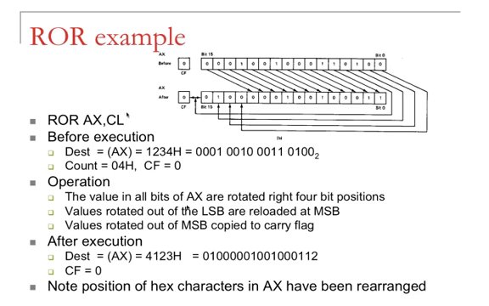The values in all bits of AX are rotated right for 4 bit positions. Starting from bit 15, you can see this bit is now shifted to the right by 4 bits, so now it's bit 11.